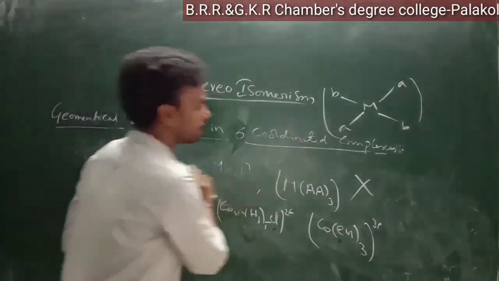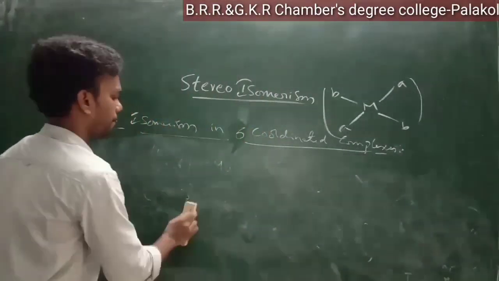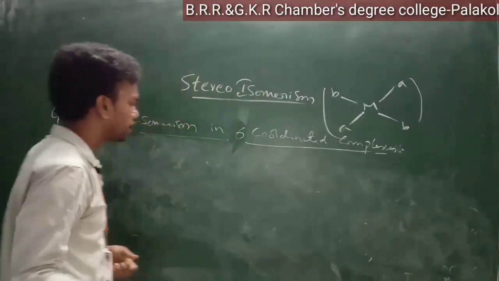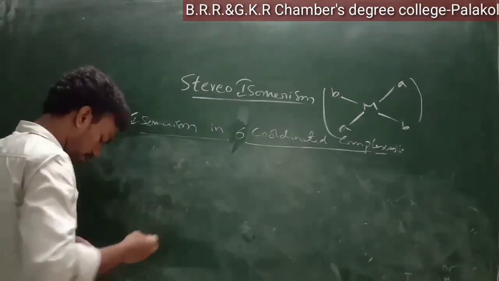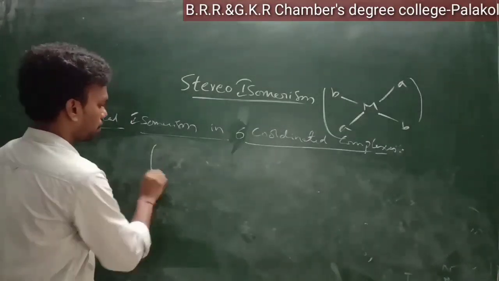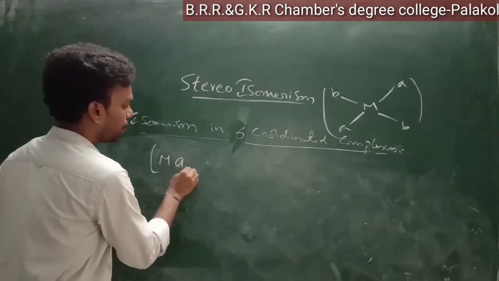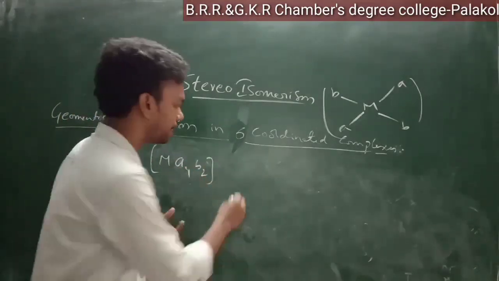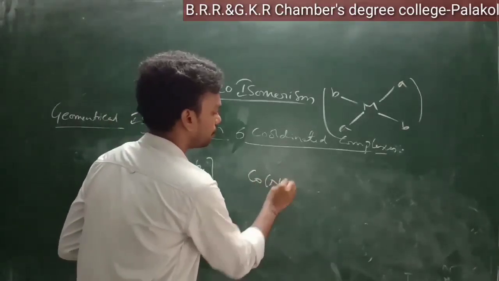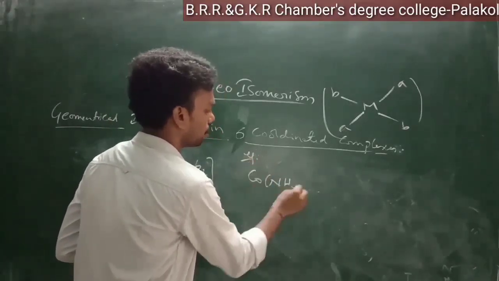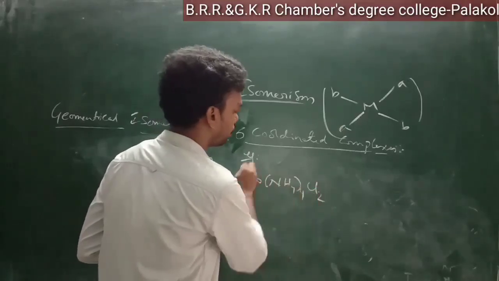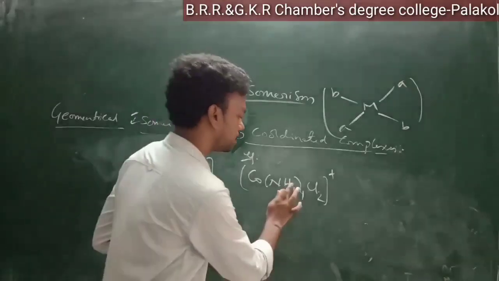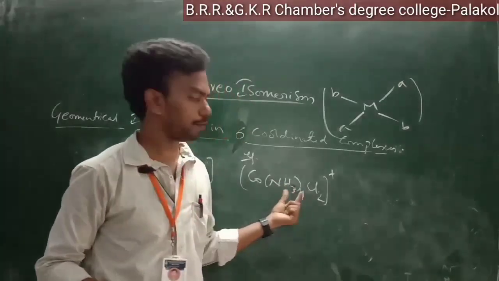Next, complexes of the type MA4B2. Let's take an example, [Co(NH3)4Cl2]+. Four ligands are the same and two ligands are the same.